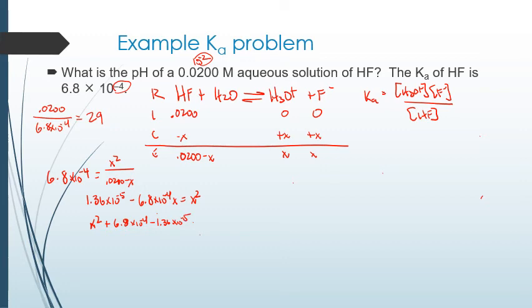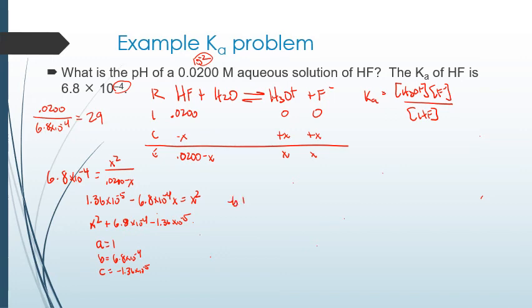Now when we do our quadratic equation, my a is 1, my b is 6.8 times 10 to the negative 4th, and my c is negative 1.36 times 10 to the negative 5th. Let me put the quadratic here first again, just to remind everybody.